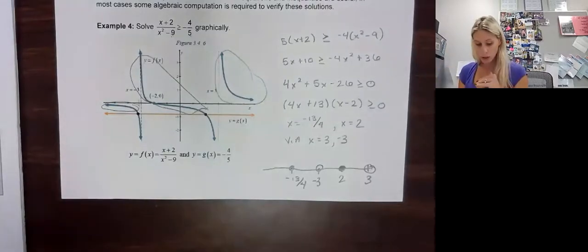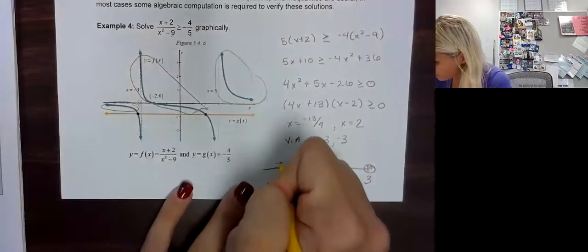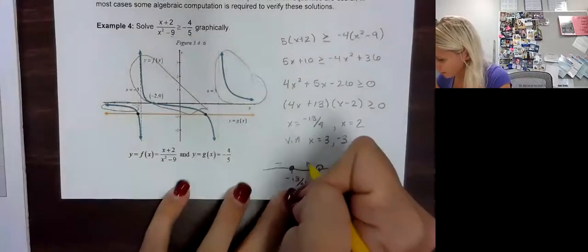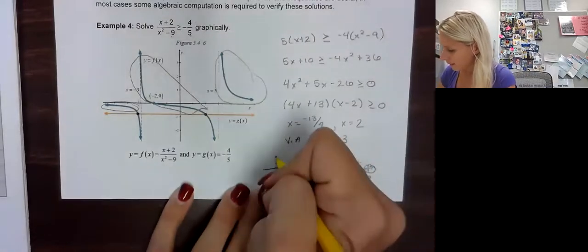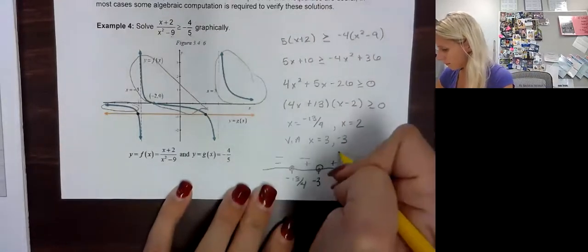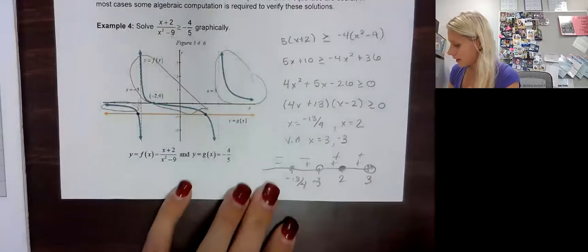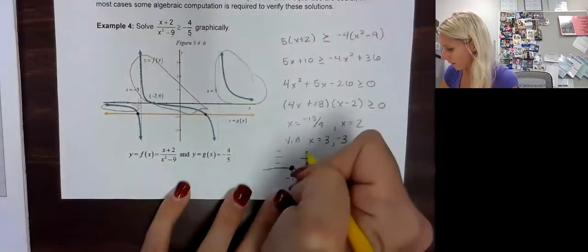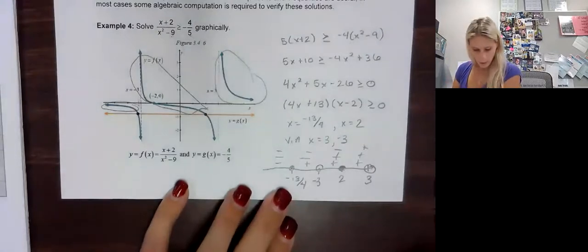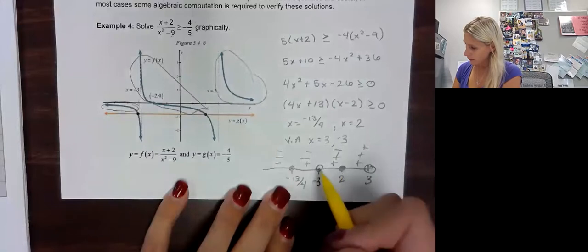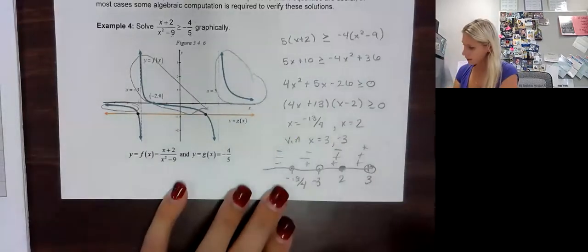Now we have to do each of those rows. So negative, positive, positive, positive, negative, negative, positive, positive. For my 2, I have negative, negative, negative, positive. And where did I leave off?